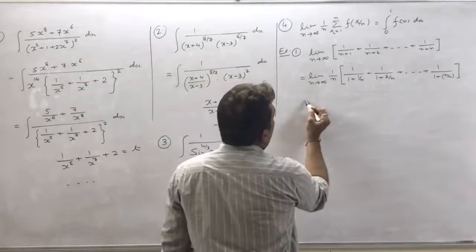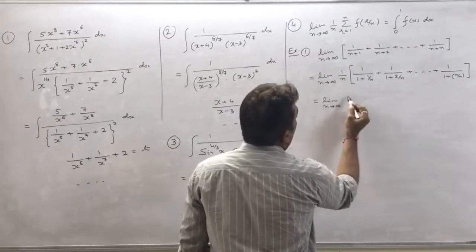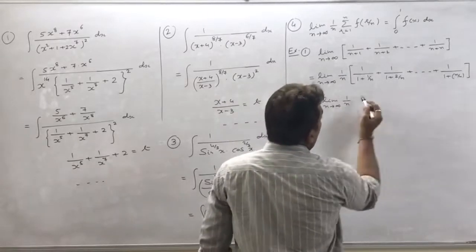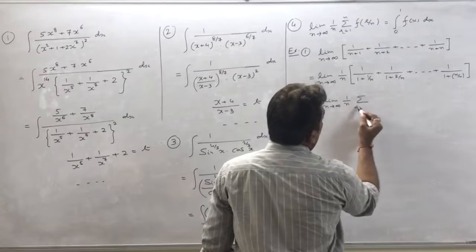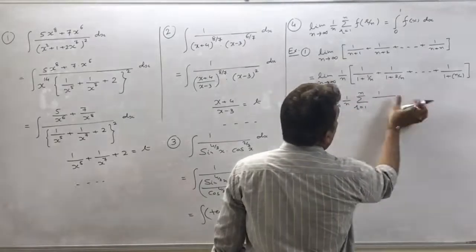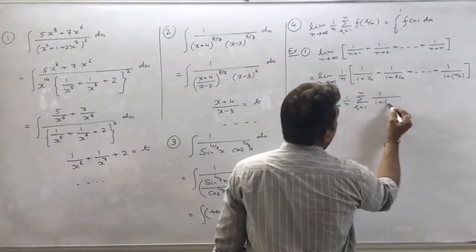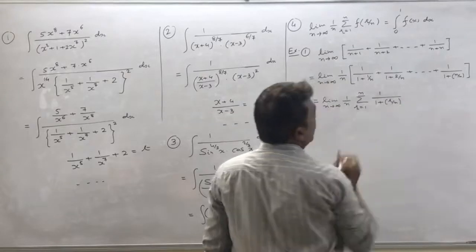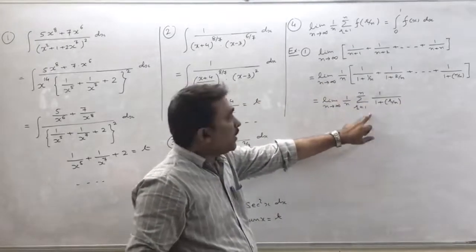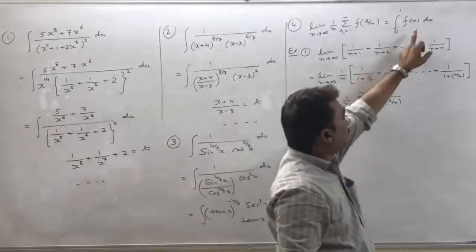Now limit n tends to infinity 1 upon n. This term write it as sigma r equal to 1 to n of 1 upon (1 plus r upon n). This is of this type, and since it is r upon n, consider r upon n as x.